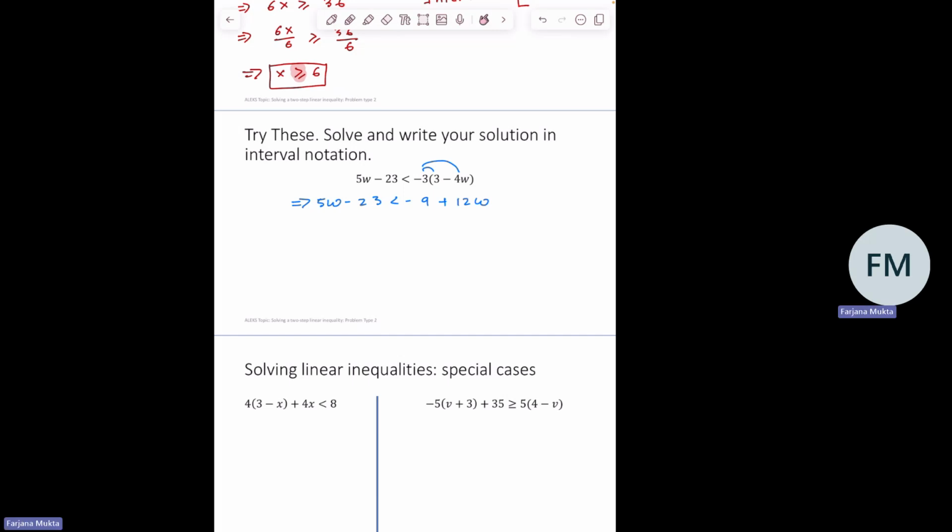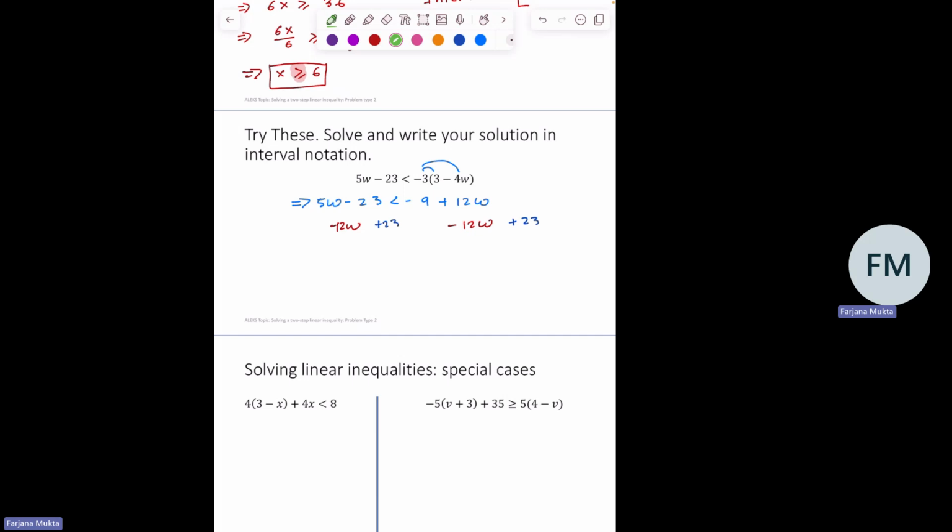All right. So subtracting 12w from both sides, plus adding 23 on both sides as well.